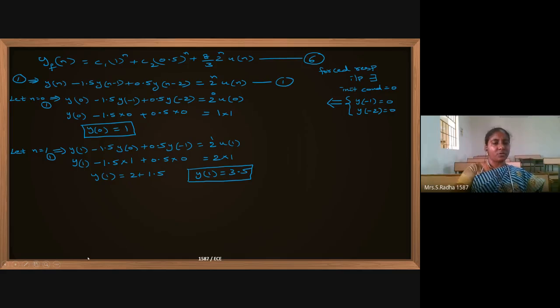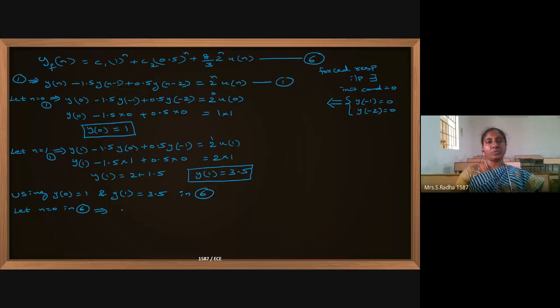Using y of 0 equal to 1 and y of 1 equal to 3.5 in equation 6, now we substitute n equal to 0 in equation 6.